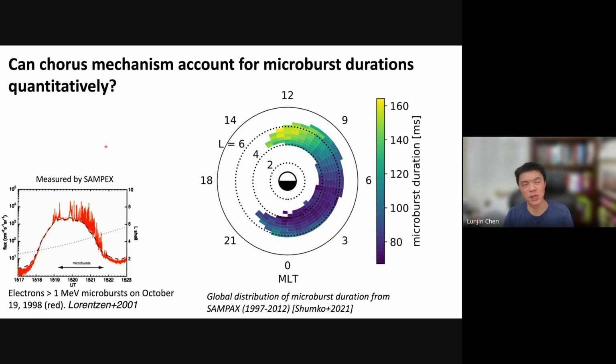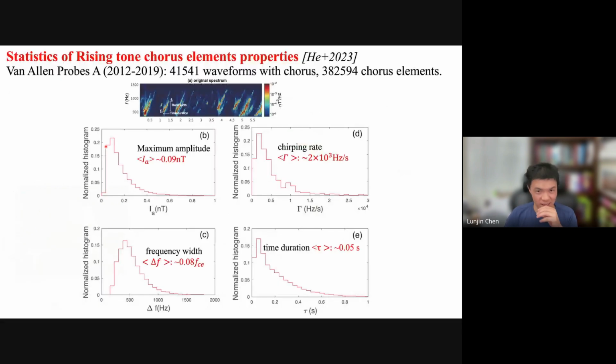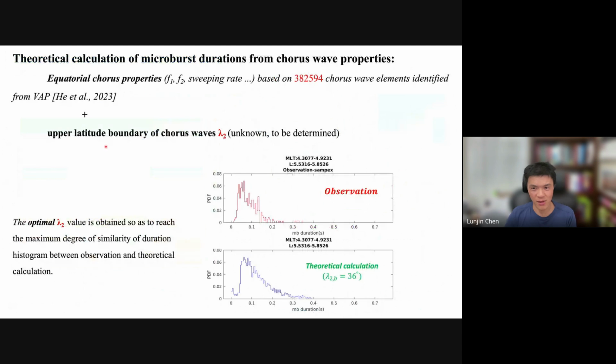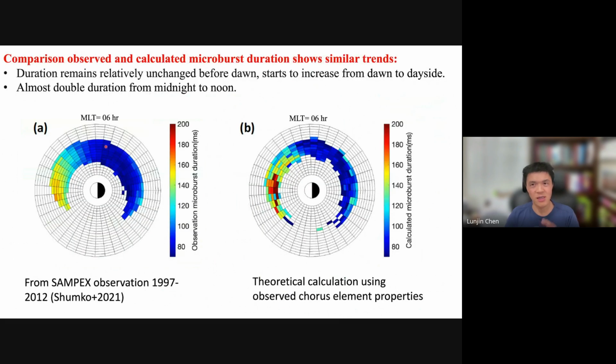Can we predict quantitatively the distribution of the electron microburst duration by doing a statistical study, making the connection between the two phenomena, chorus wave in the magnetosphere and the electron microburst at the near-Earth location? I'll give you the short answer: yes, we can do that. But I don't think I have time to demonstrate that.